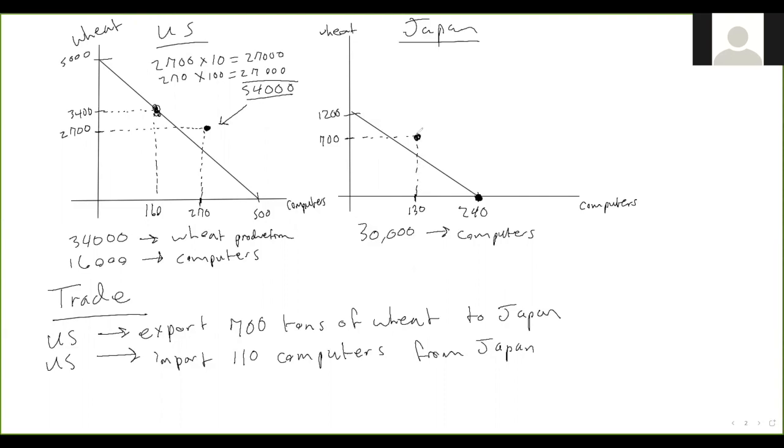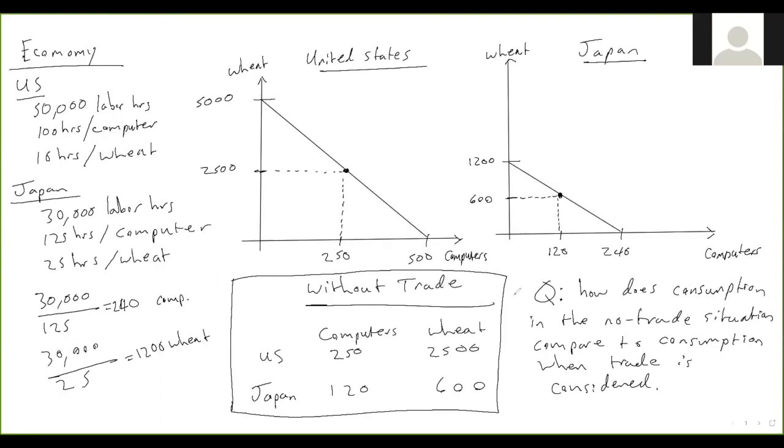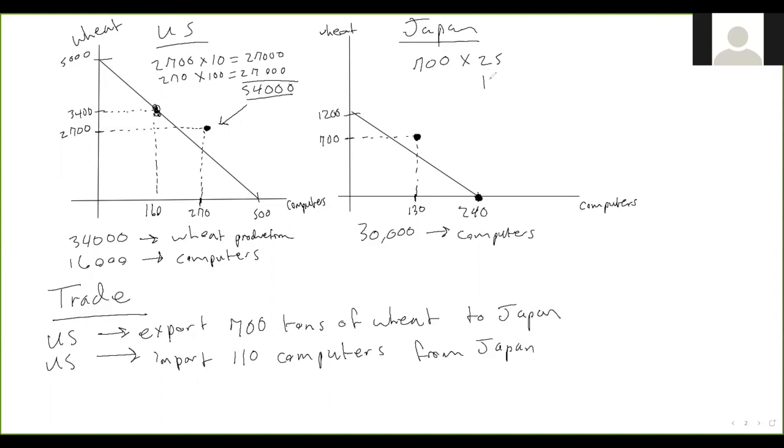And again, we can verify that this is outside of their production possibilities frontier. 700 times 25, right? 25 is the labor hours that Japan needs for wheat. And 125 for the 130 computers.